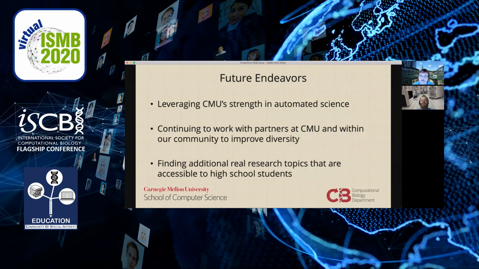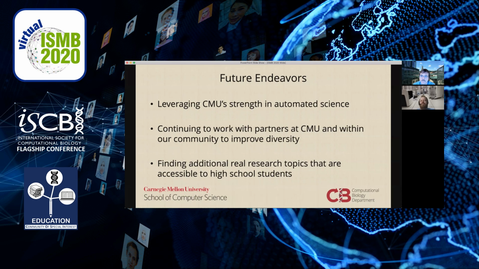And then in the future, we have a number of improvements we intend to add to the program. So one of them is that CMU has definitely a strength in automated science. So I actually have a robot as my background that we may be able to use as part of the program in the future.